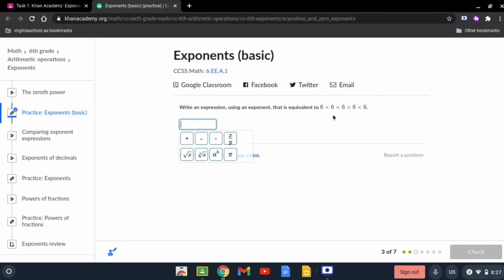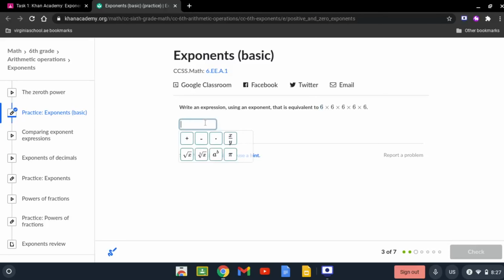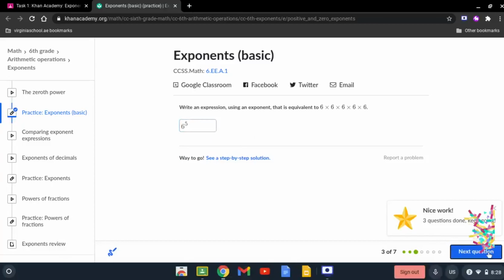First you want to look at the number that's been multiplied, which, as you can see here, is the number 6. You're going to choose this, and here you're going to write down the number 6. And on top, you're going to write down how many times it's been multiplied. Again, we counted and it was 5. So we're going to take this and put 5. Let's check.